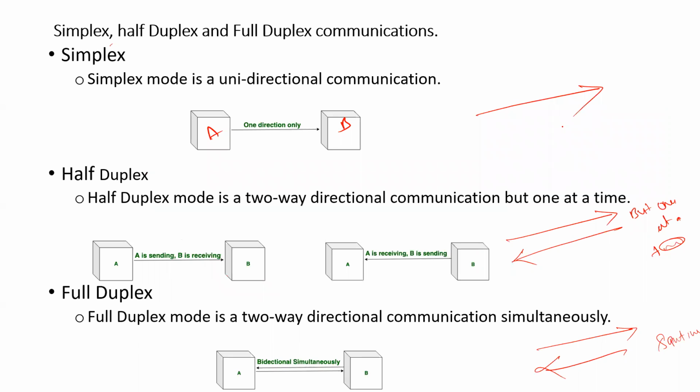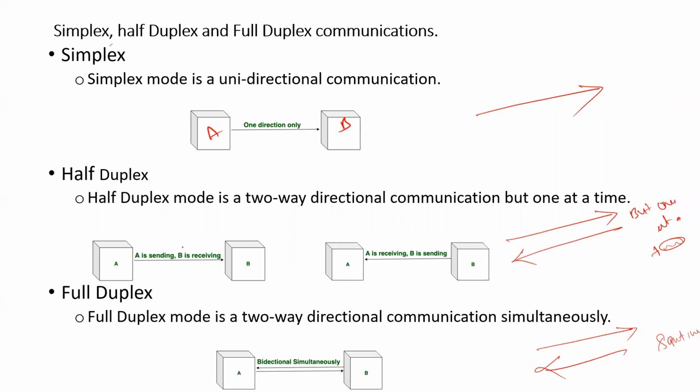We discussed simplex, half duplex, and full duplex. Suppose we have two devices, A and B. Simplex is unidirectional communication, only from A to B, so A is the sender and B is the receiver at any point of time. In half duplex, both A and B can send and receive information, but only one at a time.